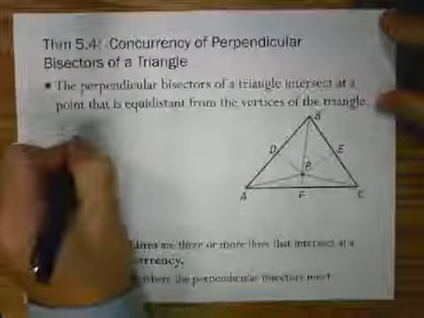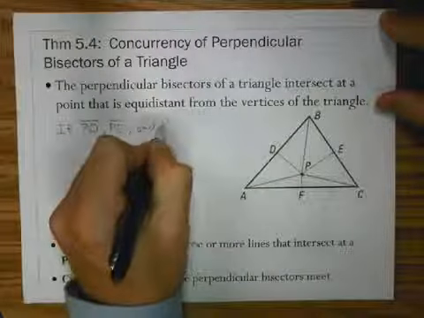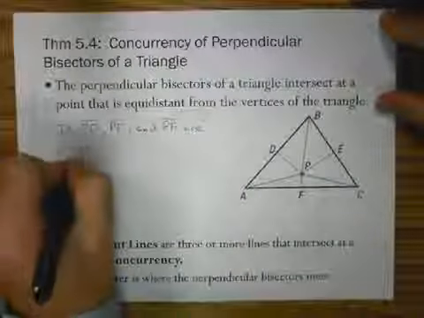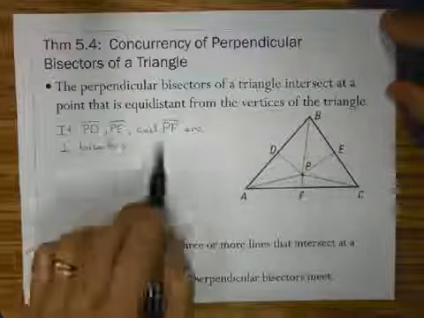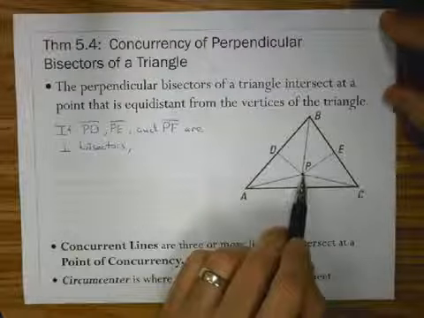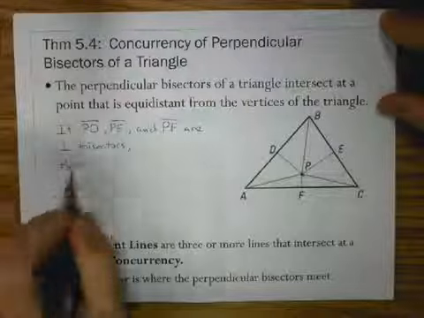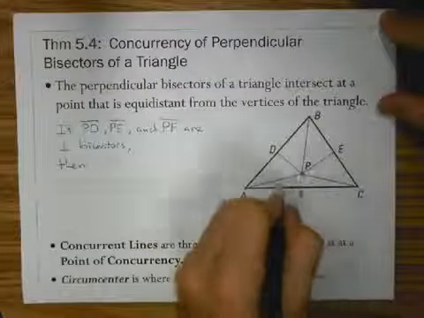Our perpendicular bisectors are PD, PE, and PF. Now if I have that, they meet at point P, and they're equidistant from the vertices.